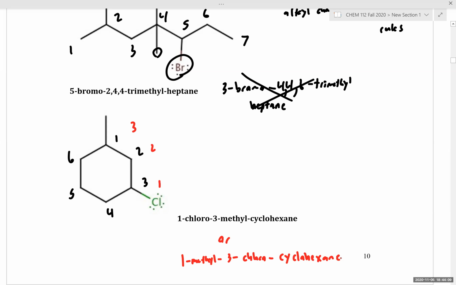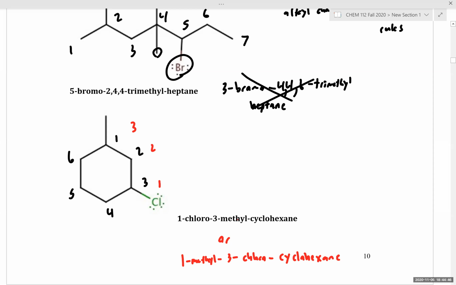Now, if there's a tie in locant numbers, what is our tiebreaker? What breaks the tie? If there's a tie in locant numbers, what goes first? What gets the lowest number? Alphabetical order, exactly right.